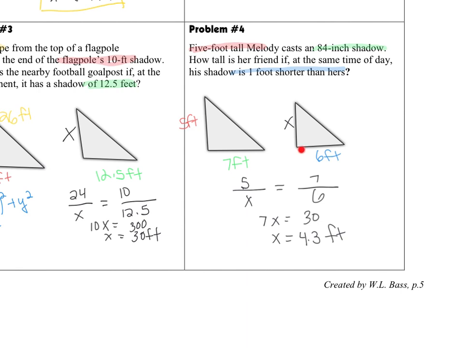If his shadow is 1 foot shorter, so if this was 7, 1 foot shorter is 6. So our proportion is 5 to x is equal to 7 to 6, and we cross multiply and divide, and we get that he is 4.3 feet. If we needed to, we could figure out how many inches that is, but we can leave our answer just like that for right now.